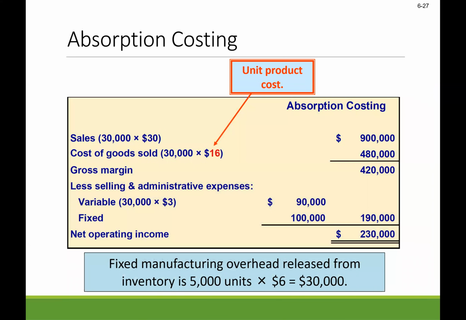But under absorption, we take all costs related to product costs and expense them when we sell the product because they're part of product costs. So the $16 per unit includes the fixed manufacturing overhead.